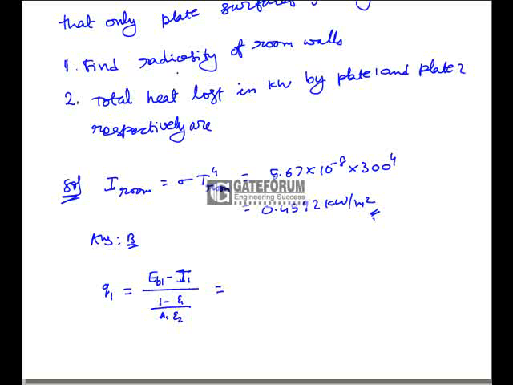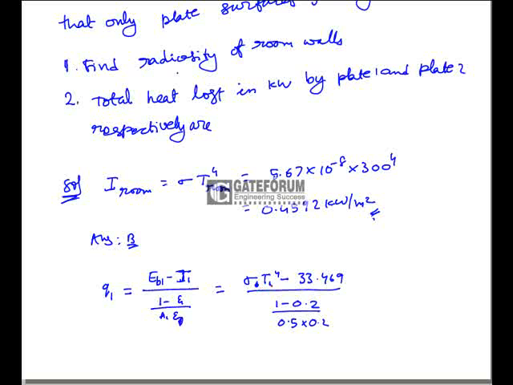So here EB1 comes from sigma T1 power of 4, and J1 is the radiosity of the plate 1, that is 33.469, the given value, and here epsilon 1 is 0.2 and A1 is 0.5.